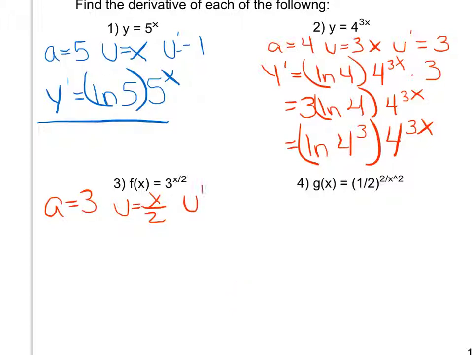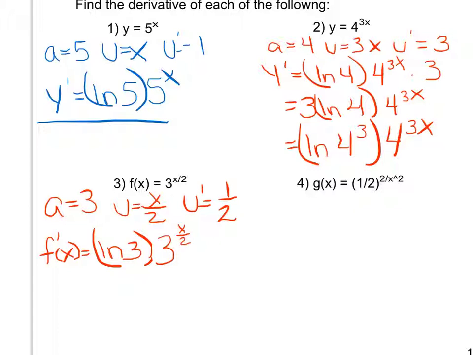My u prime then is just 1/2. So I get f prime of x equals ln of a times a to the u. Oops, I'm going to write an a. I meant to write 3 to the x over 2 times my u prime, which is 1/2.